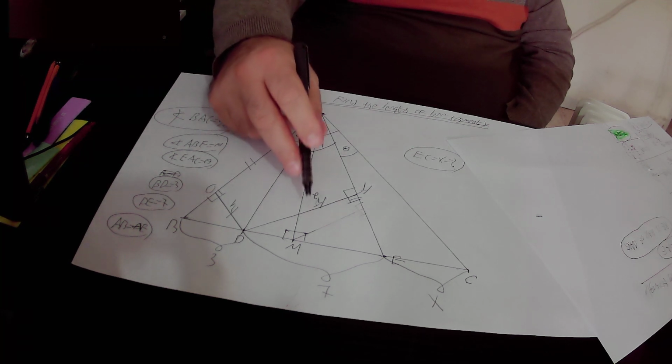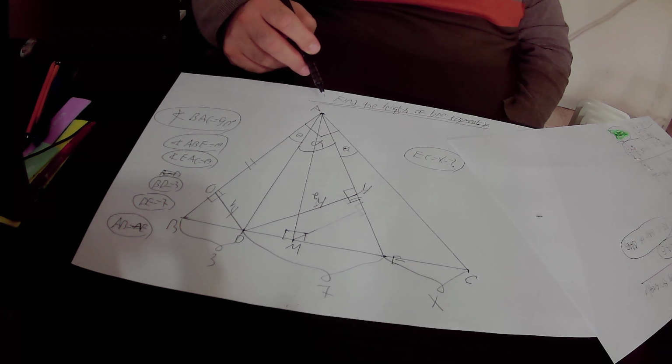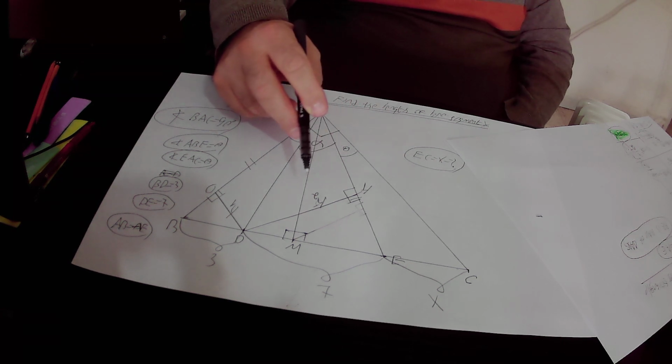And you can see here that AM is perpendicular to the base BE, therefore AM is defined as the height to the base BE.